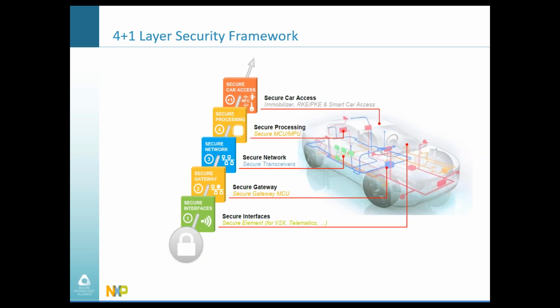The next layer would be the secure network, which provides secure communication between the different electronic control units inside the vehicle. The third layer is what we think of as a secure gateway, which provides domain isolation, basically providing some compartmentalization among the different systems in the vehicle, whether it be infotainment, your safety-critical systems, your driving systems, mechanical systems, etc. And then the last layer being the secure interfaces.